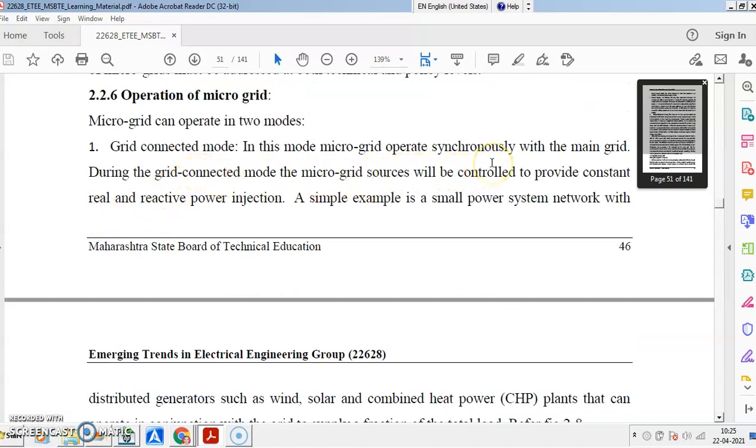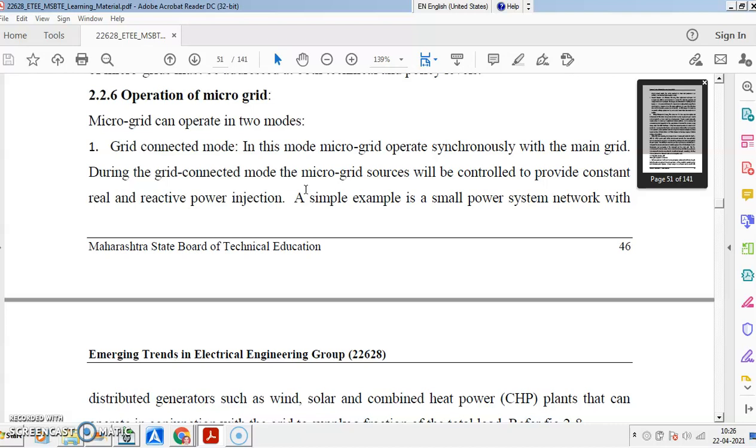That particular microgrid is synchronously operating with the main grid, and during this grid connected mode, the microgrid resources or sources will be controlled to provide constant real and reactive power that is injected to the main grid.